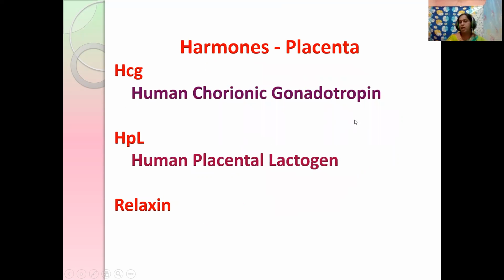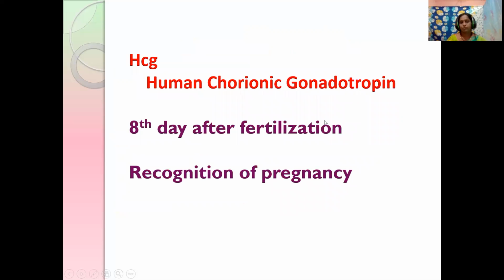Then what are the hormones playing an important role in the placenta? There are 3 hormones: HCG, HPL, and relaxin. HCG is human chorionic gonadotropin. It is released on the 8th day after fertilization.